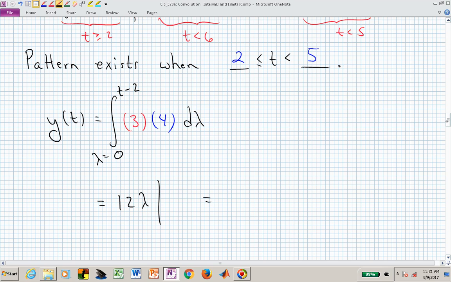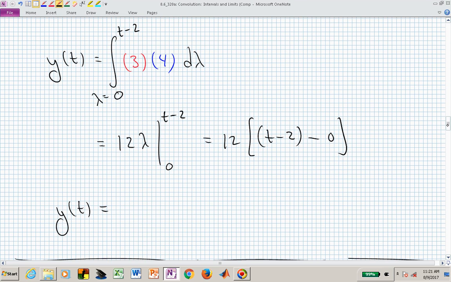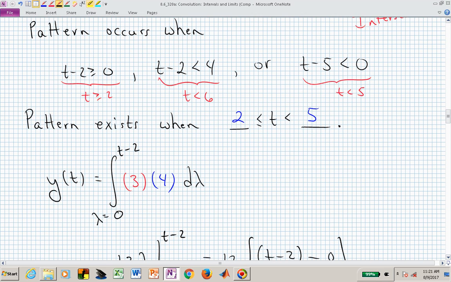So in this case I have the integral of 12 d lambda, from 0 to t minus 2, or I now have 12 times t minus 2 minus 0, so y of t is going to be equal to 12t minus 24, and that's true for that range of t.